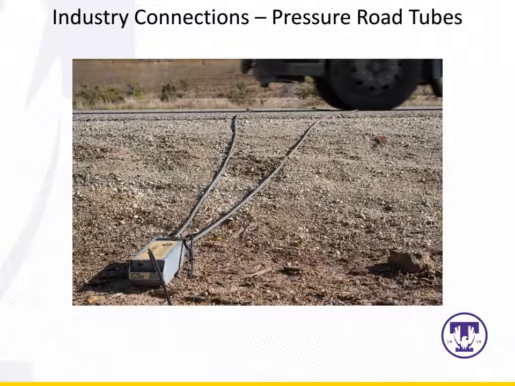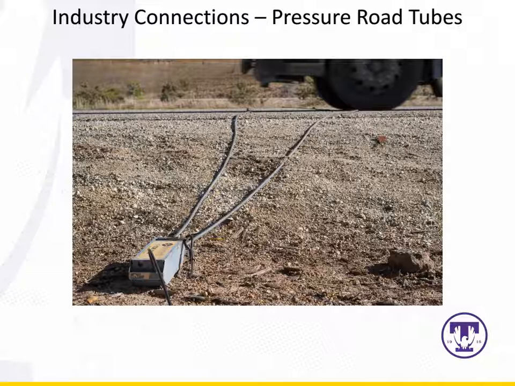So road tube or traffic counter machines like this would be an ideal application for a PLC. What's typically embedded in these is some sort of a microcontroller, and that works very well. But if you wanted to make a pressure road tube machine and you didn't want to mass produce them and you wanted it to be customizable, a PLC would be an ideal application.